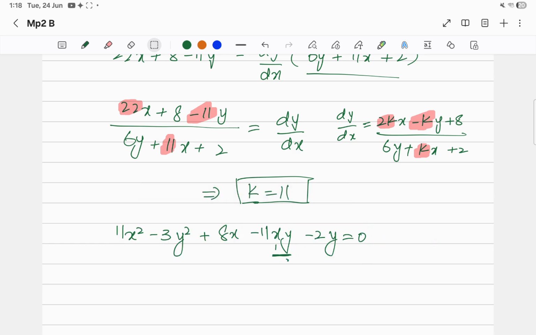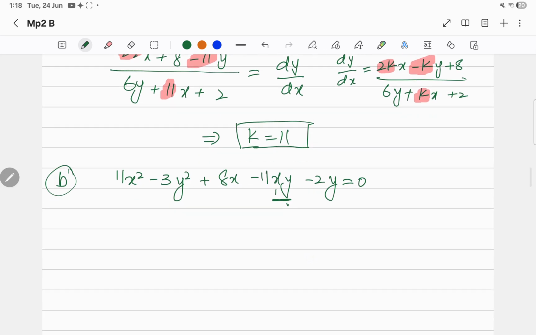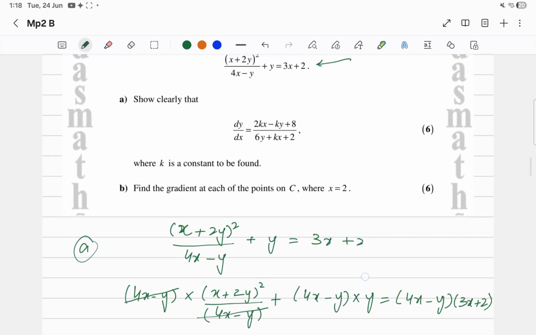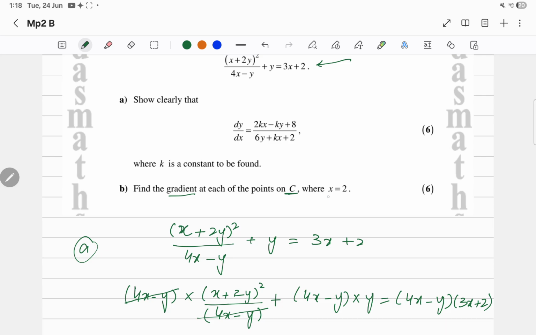For part b, we put x equals 2 in this function, because in part b we have to find the gradient at each point of the curve C when x is 2.